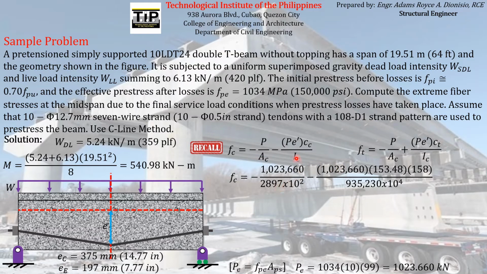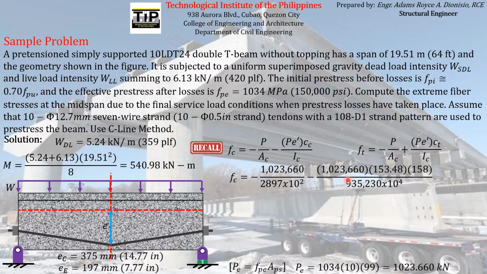Cross-sectional area given, moment of inertia given, distance from the centroid to the extreme pre-compressed fiber is equal to 158, given in the problem. And E prime, as we computed a while ago, is equal to 153.48.